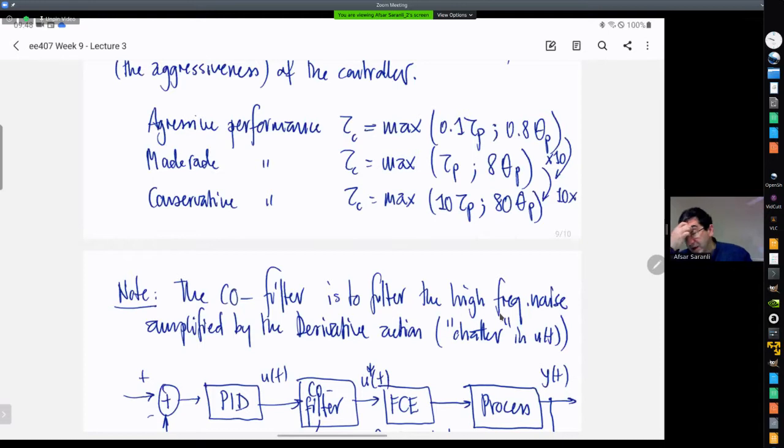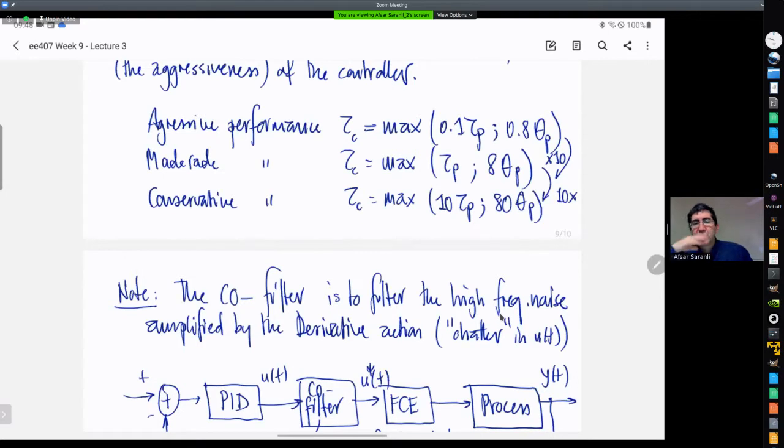There is also something called the second order plus dead time model. The rationale behind it, and we will see this in the subsequent lecture, is that even higher order linear systems can be approximated by lower order systems plus a time delay.